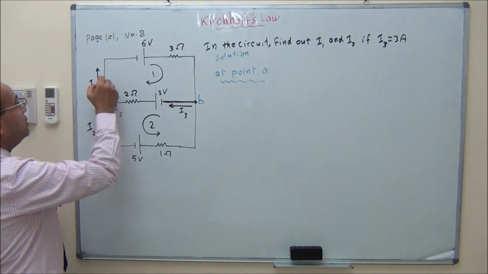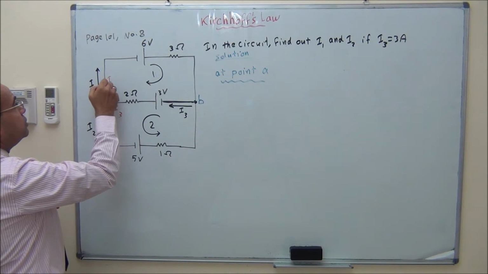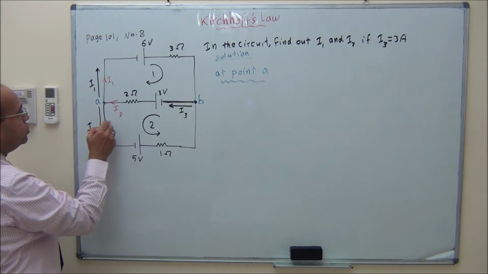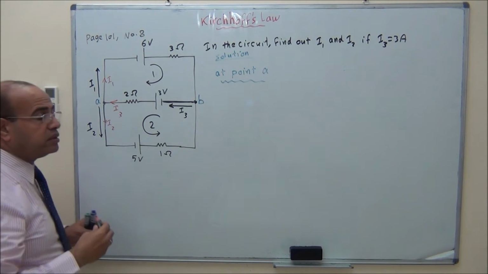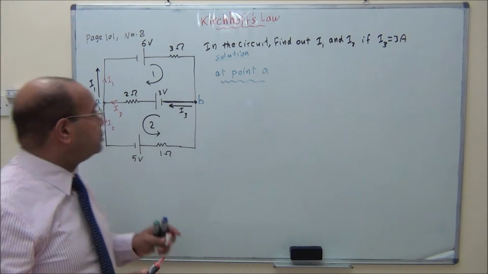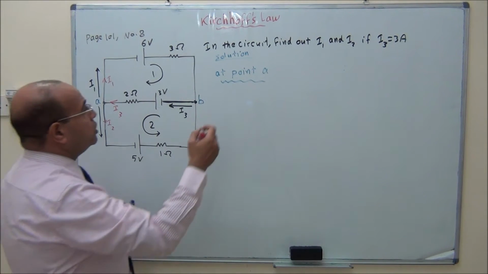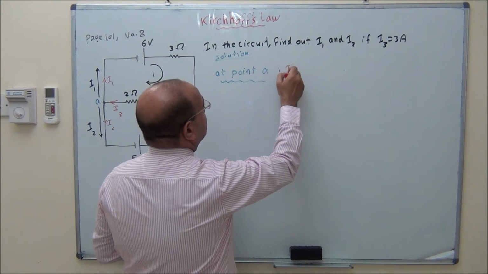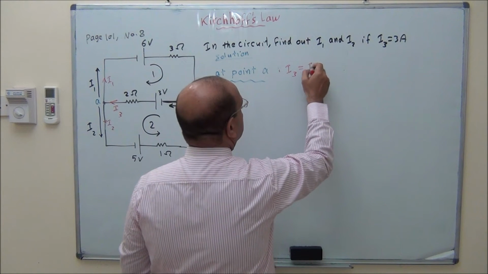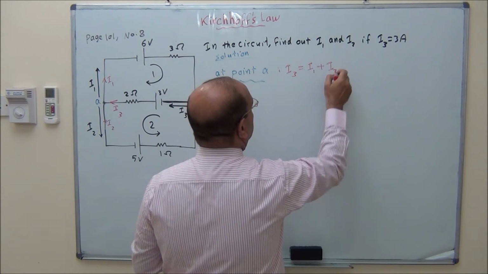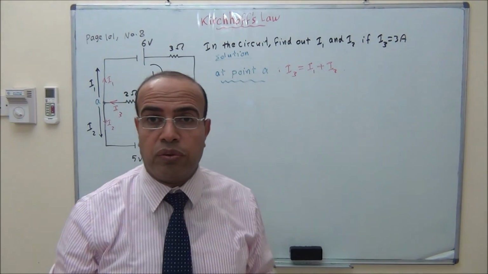I1 is out and I2 is also out. So the current in is I3, and the currents out are I1 and I2. So I3 equals I1 plus I2. This is Kirchhoff's first law.